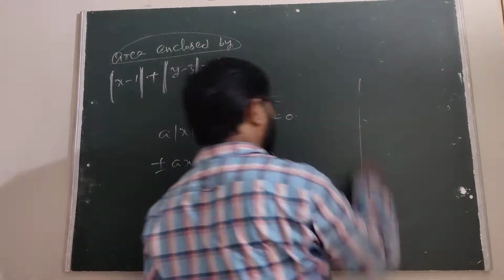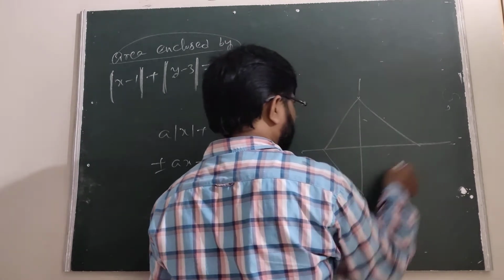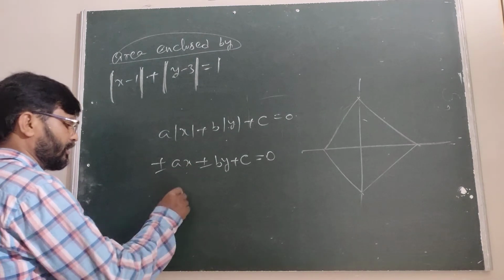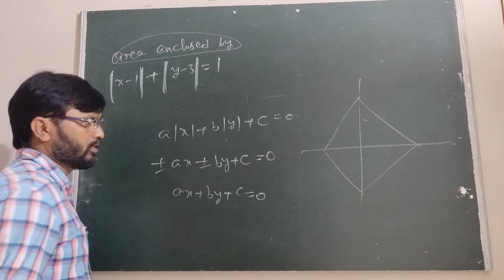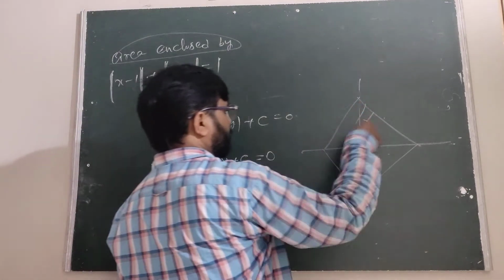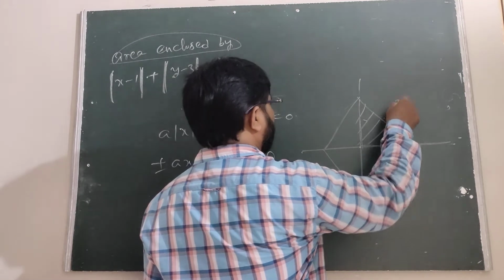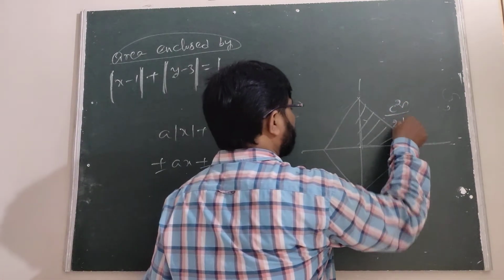Now first we have to find this line, and the other lines form a rhombus. So when we are taking ax plus by plus c, this is the first one. Is it clear or not? We have to first find this area. This area, we know, is c square by 2 modulus of AB.